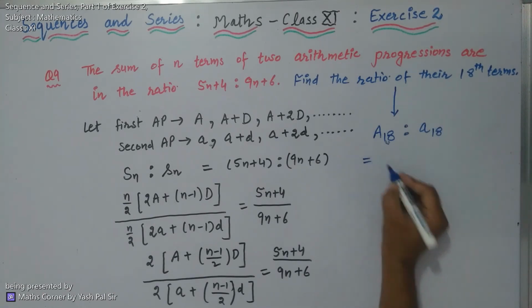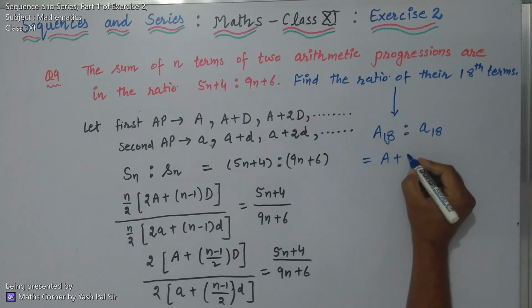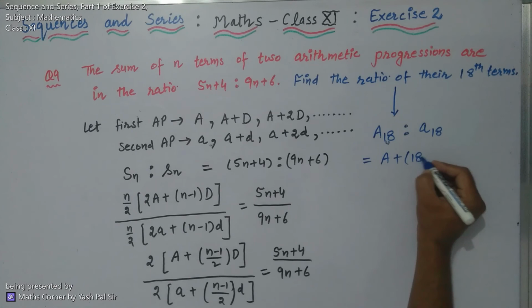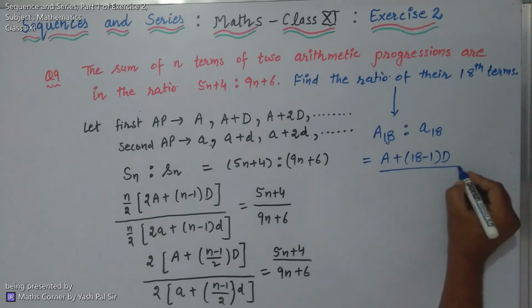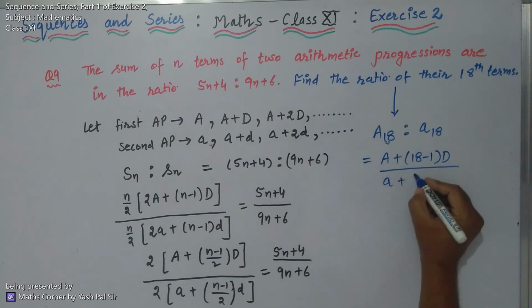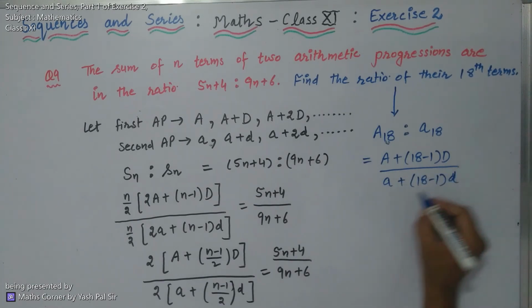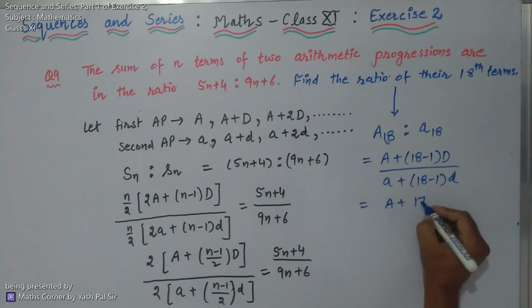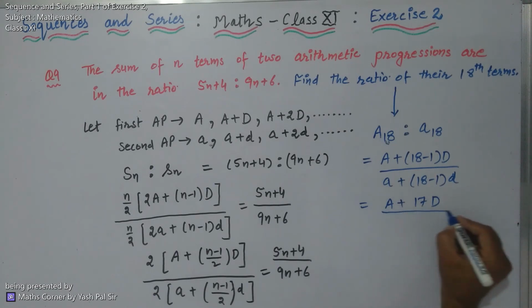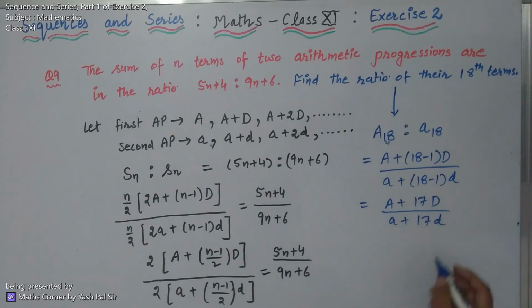That means A plus 18 minus 1 into D divided by small a plus 18 minus 1 into small d. That means A plus 17 capital D divided by small a plus 17 small d.